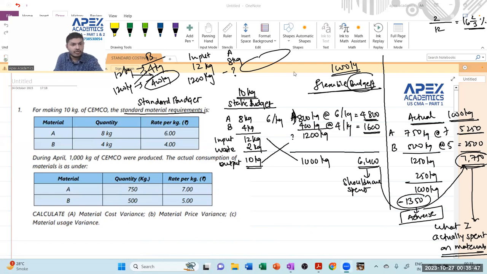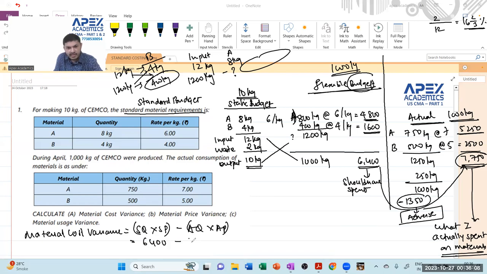First, let me write the formula for you that material cost variance is equal to standard quantity multiplied by standard price minus actual quantity multiplied by actual price, which is equal to 6,400 minus 7750, which is 1350 adverse, or it is minus 1350.